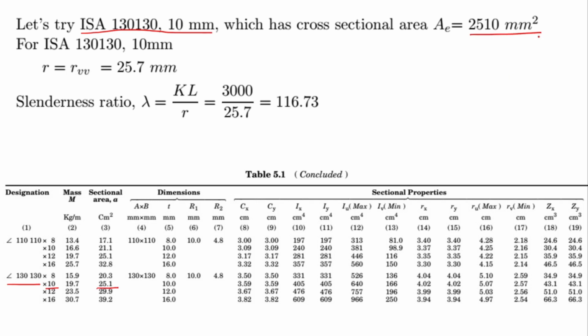The minimum radius of gyration is 25.7 mm. These are also taken from the table 5.1 of IS 808. Instead of using IS 808, you can also use steel table.